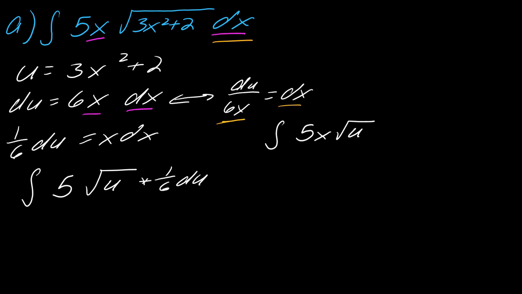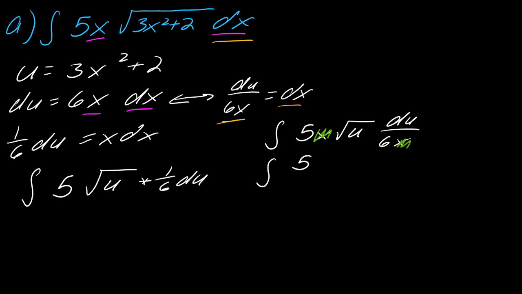So now this dx becomes du over 6x. Then people look across the problem and see what will cancel out. So now you can see by looking across here, these x's will cancel out, so that's what I've got.